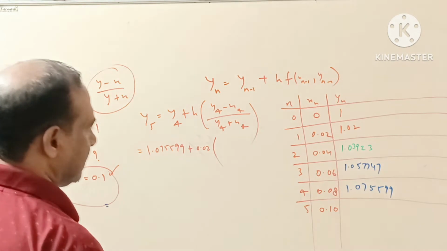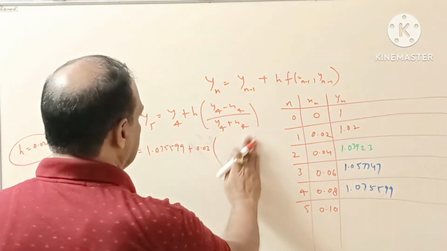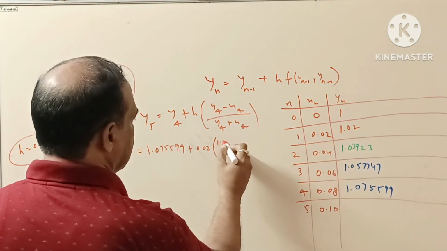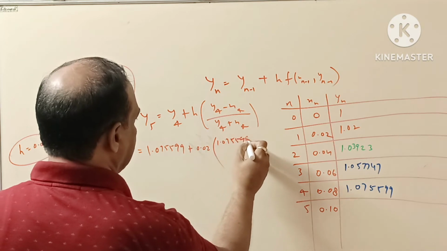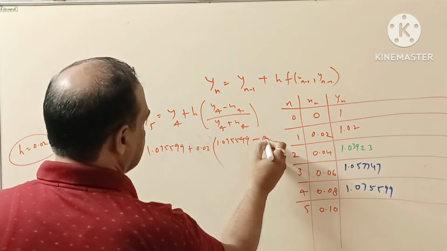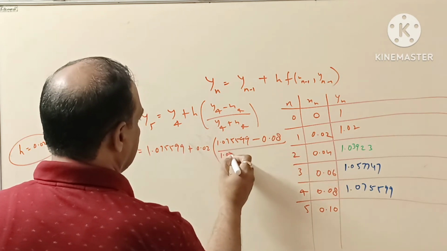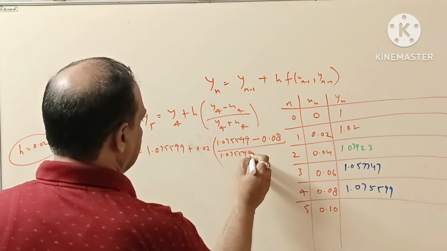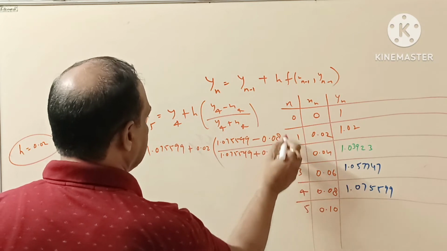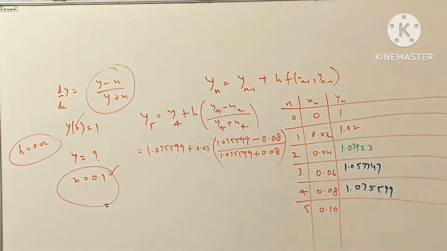In the bracket it is 1.075599 minus 0.08 over 1.075599 plus 0.08, and the bracket is closed now.